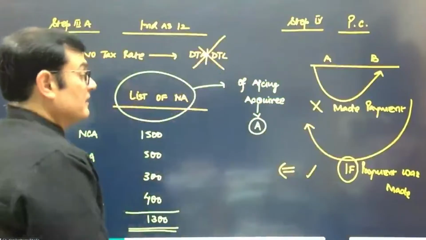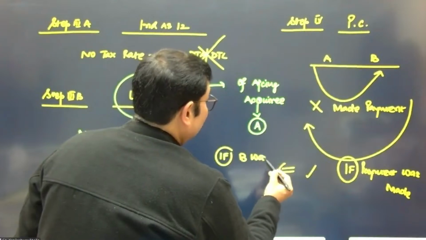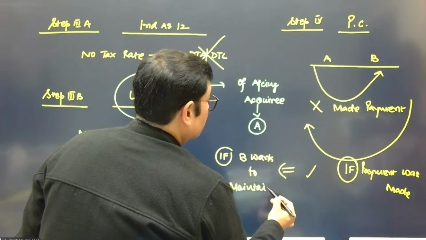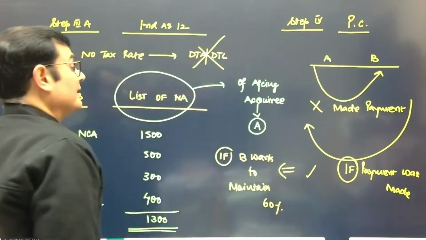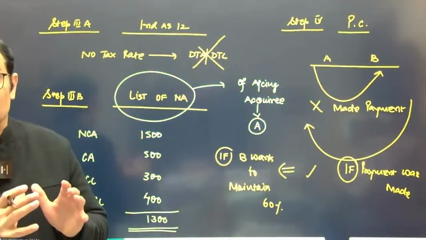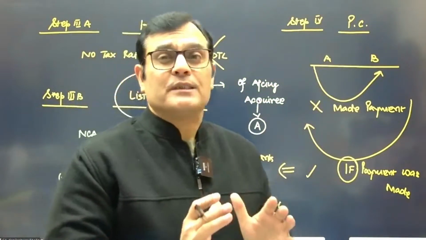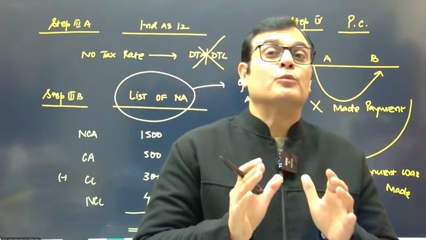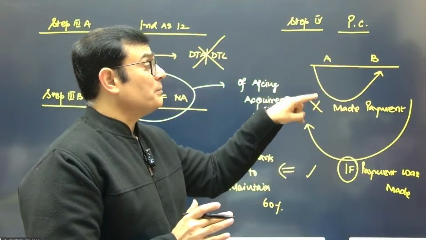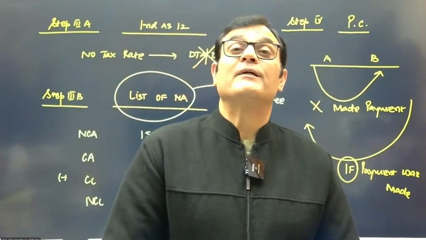So the objective in this case is if B wants to maintain a 60% stake. Now you can see why the calculation of 60% is important. Let me put one thing again very clear to you at this stage. When you're calculating the purchase consideration in terms of a reverse acquisition, you don't need to see what the legal acquirer paid, but you need to see what the accounting acquirer would have paid.